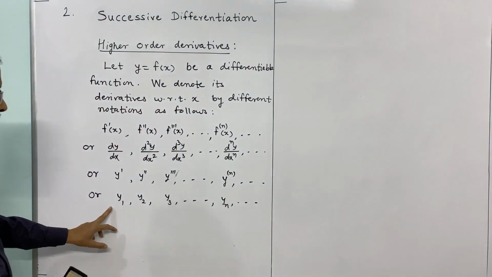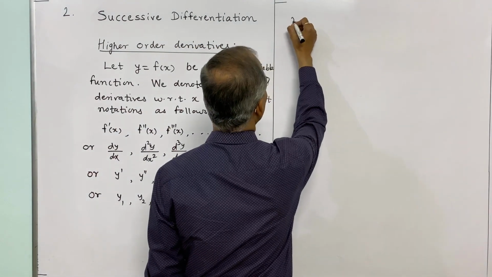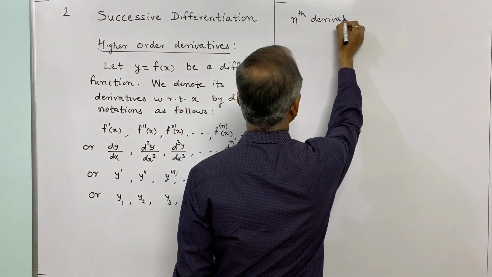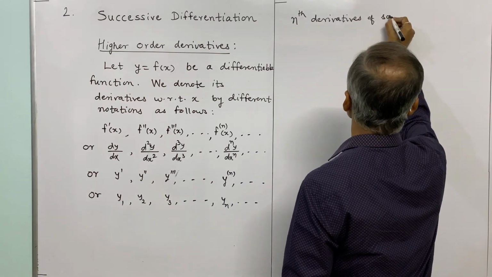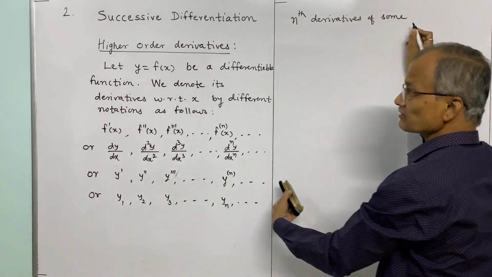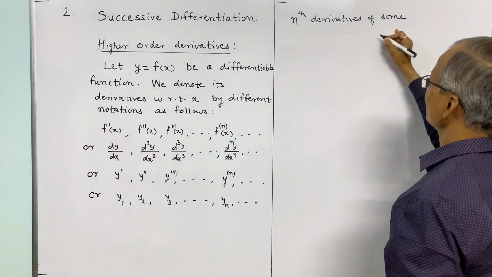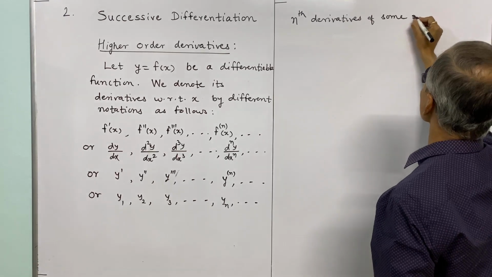So thus we will follow this notation, and now we shall find out nth derivatives of some standard functions. So these are the successive derivatives or higher order derivatives, and now we shall obtain the formula for nth derivatives of some standard functions.